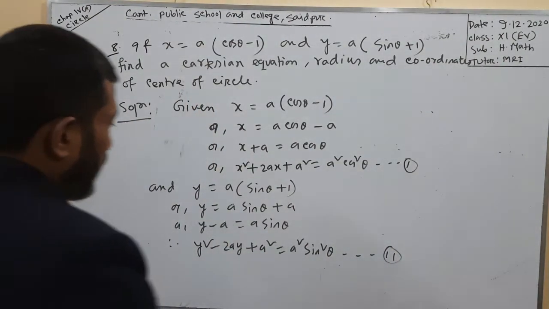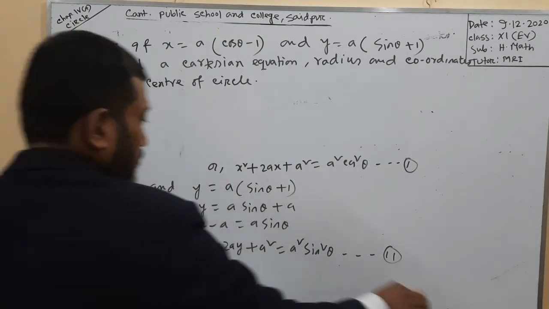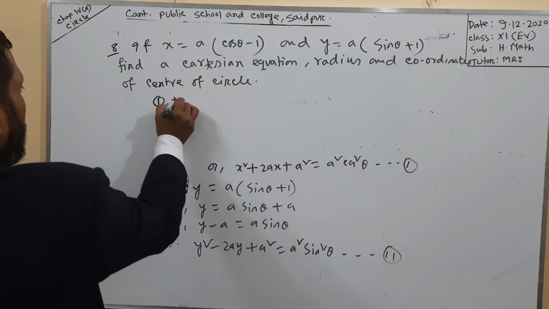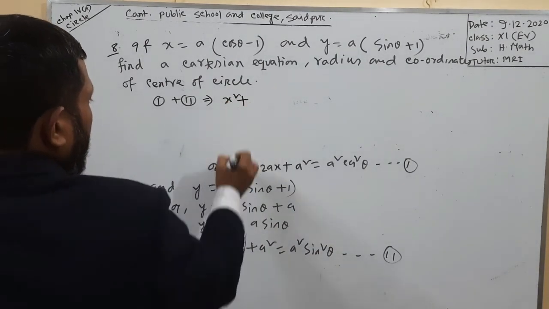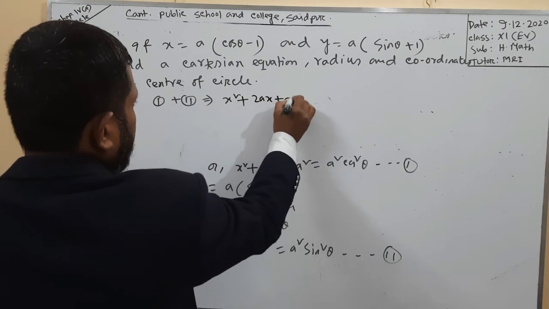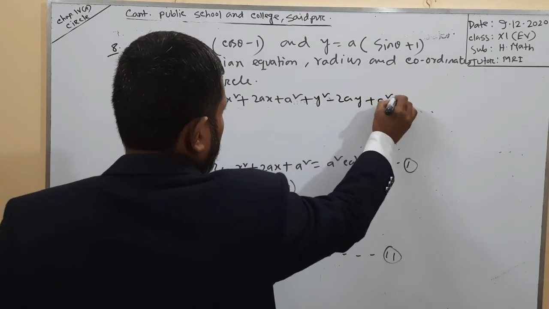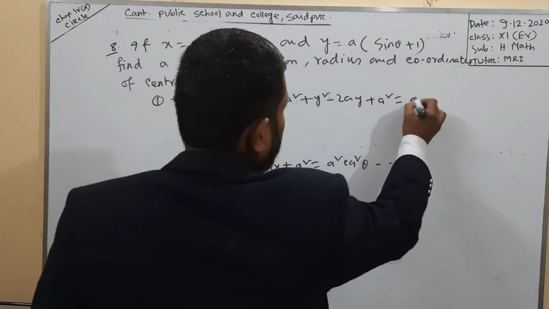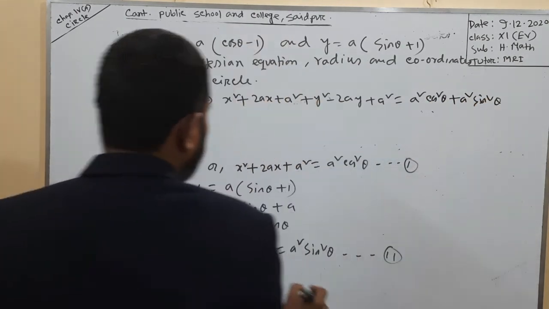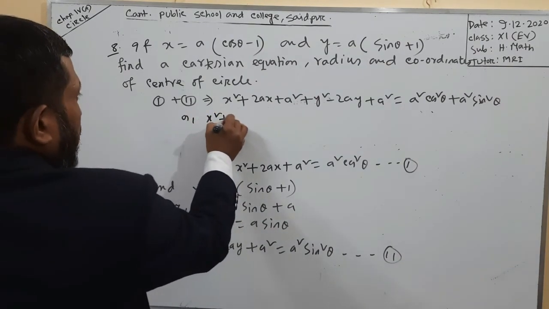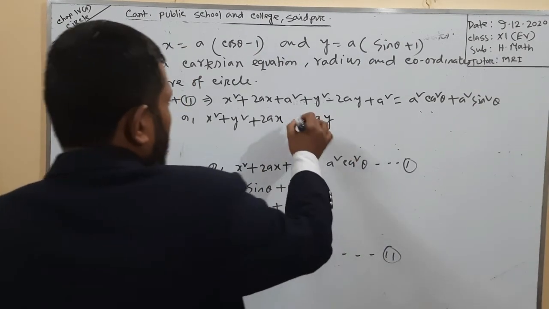Adding 1 and 2, we get x square plus twice ax plus a square plus y square minus 2ay plus a square is equal to a square cos square theta plus a square sin square theta. Now x square plus y square plus 2ax minus 2ay plus 2a square.